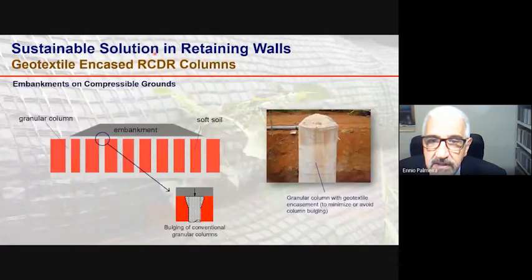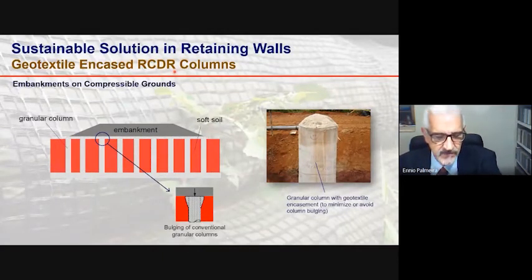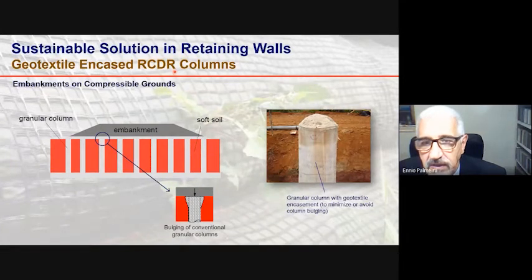Another application that we can have for recycled construction demolition residue is as infill material for granular columns, particularly geotextile encased granular columns. So granular columns can be used to stabilize an embankment constructed on a soft foundation soil.